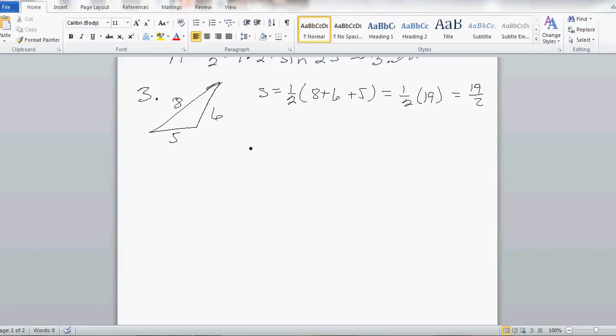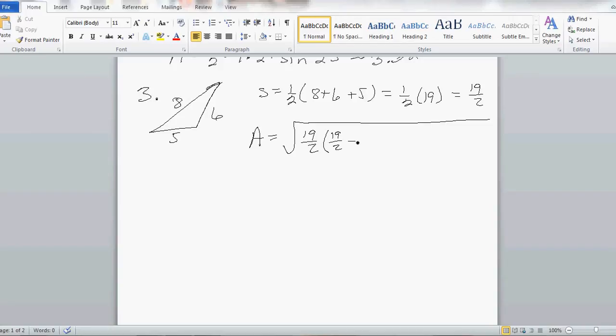And then the area is always calculated as the square root of S times, then we have 3 other factors we have to put in here.